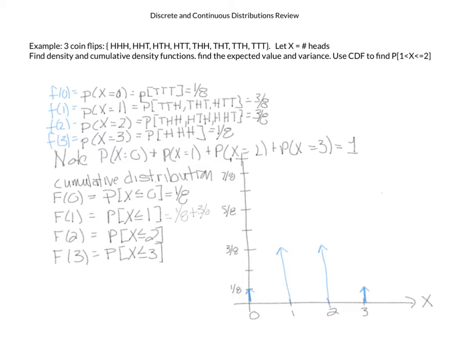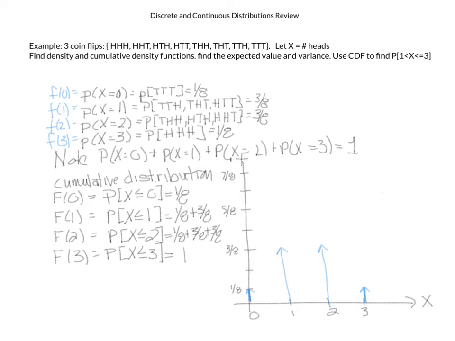The cumulative distribution function that x is less than or equal to 2 is going to be our 1/8 plus our 3/8 plus our 3/8. And then the probability that x is less than or equal to 3 is equal to 1. At that point, we've had all of our distribution consumed.